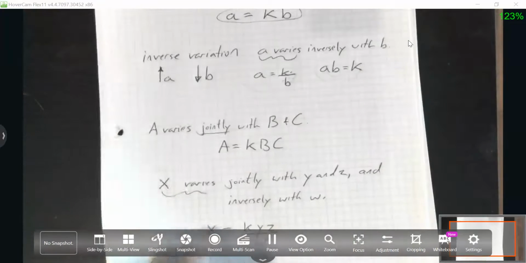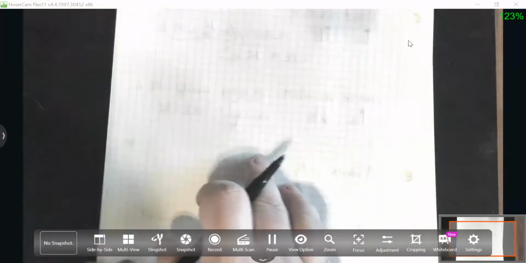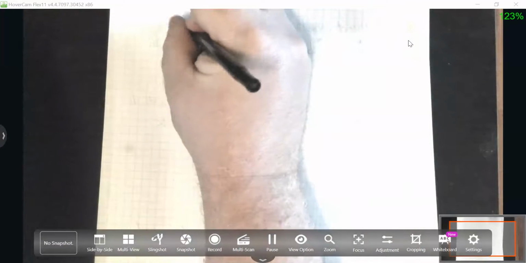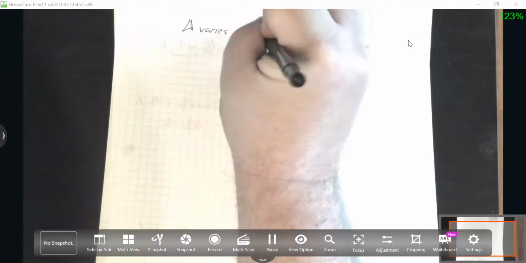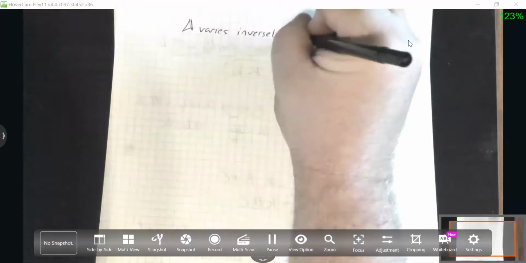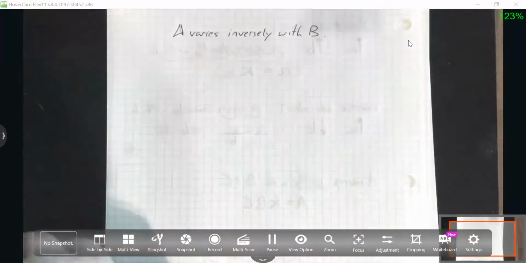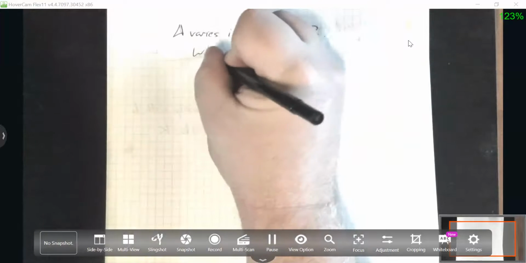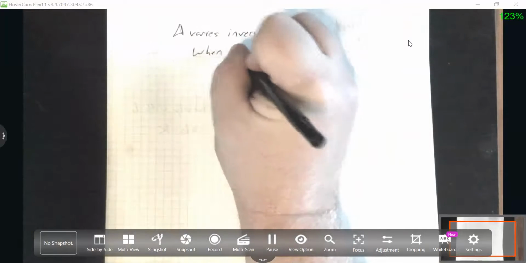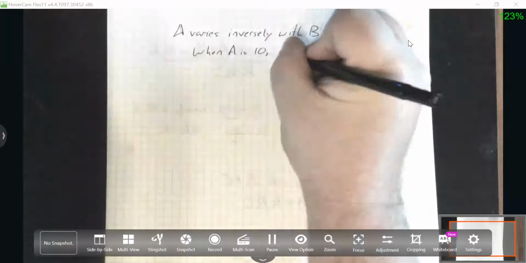So let's look at what problems on, say, the ACT or the SAT or some other standardized test are going to do. So how about we know that A varies inversely with B. We know that when A is 10, B is 2.